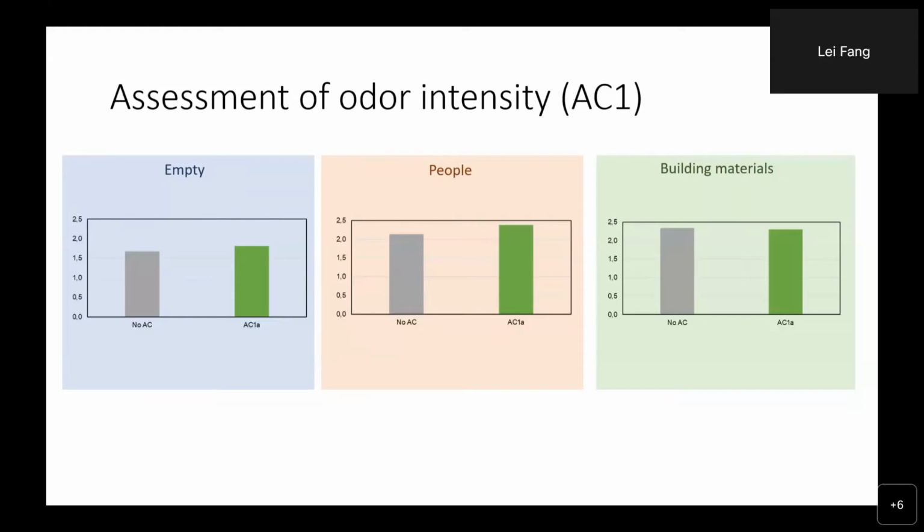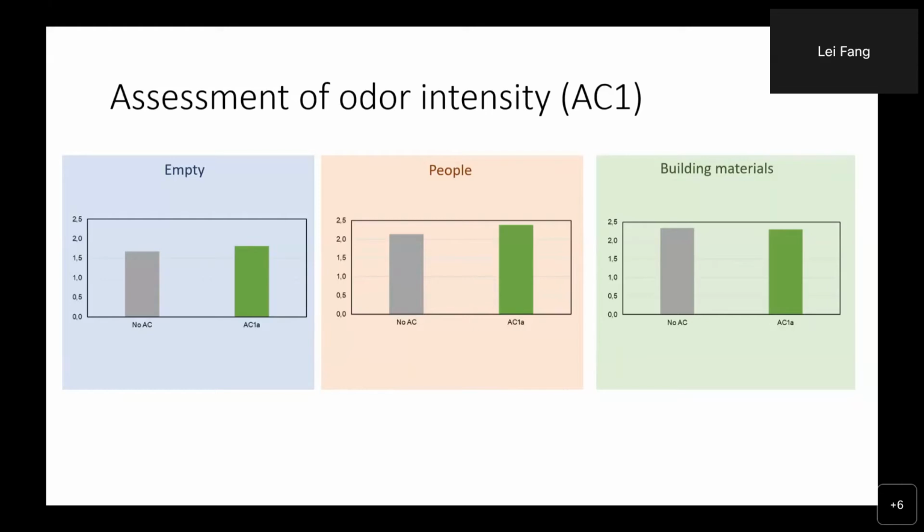And you can see there's not much difference when we use the first air cleaner, which is the ionizer. So let's say in the empty room, whether we run the ionizer or not, the odor intensity in the room does not change much. The green bar shows the odor intensity in the room with the air ionizer, and the gray bar shows without ionizer.